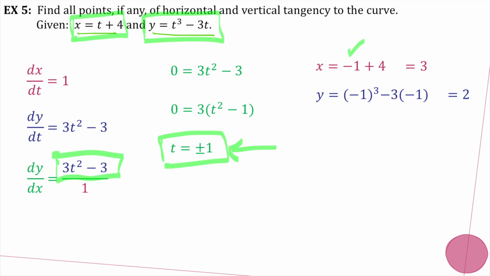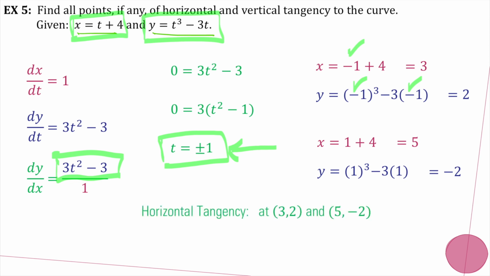So we've taken care of negative 1. Now we need to do the same for positive 1. So plugging in 1 to the x equation gives us 5. Plugging in 1 to the y equation gives us negative 2. So there we have our 2 points of horizontal tangency, (3, 2) and (5, negative 2).